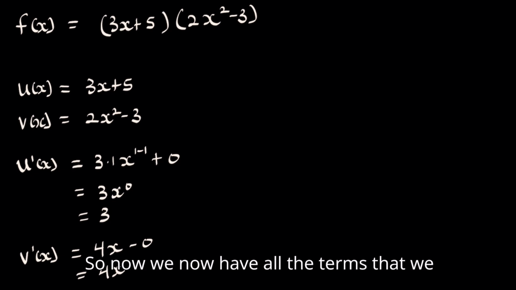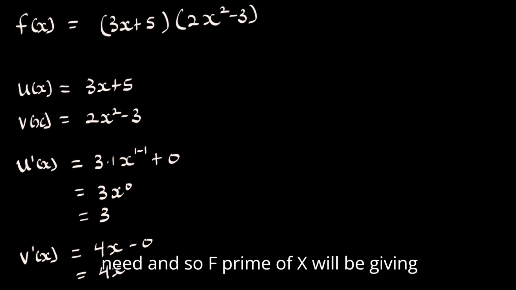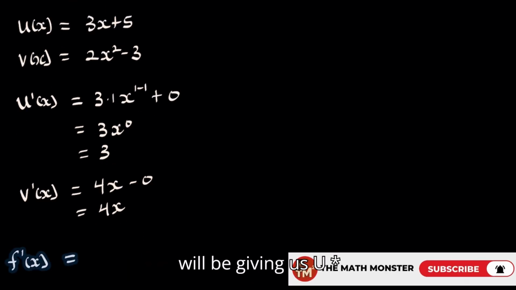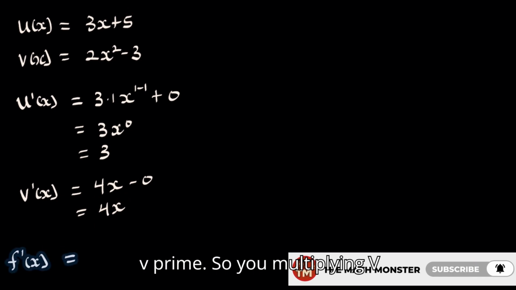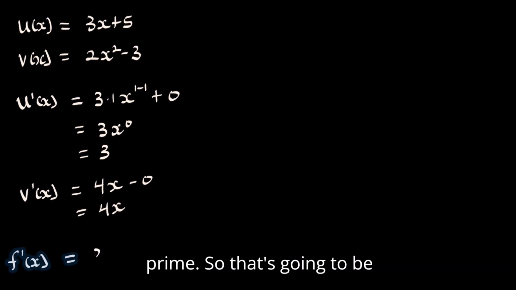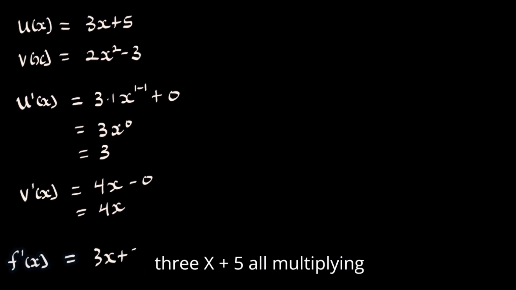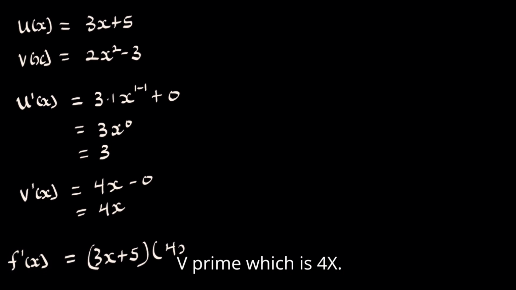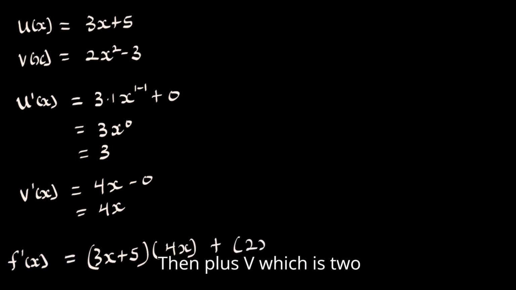So now we have all the terms that we need, and so f prime of x will be giving us u times v prime. So u multiplying v prime, so that's going to be 3x plus 5, all multiplying v prime, which is 4x, then plus v, which is 2x squared minus 3, multiplying u prime, which is 3.